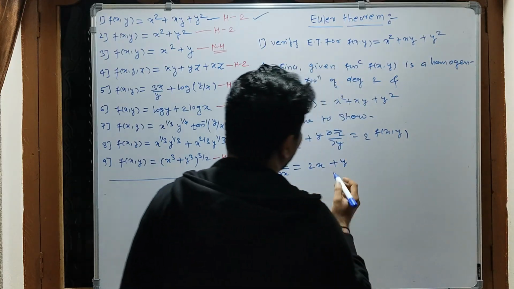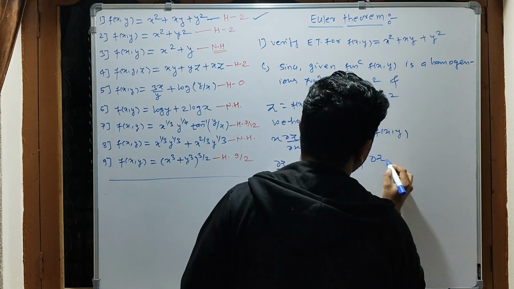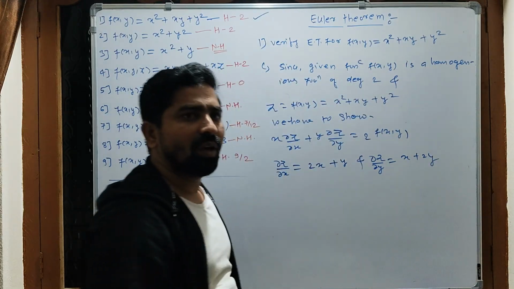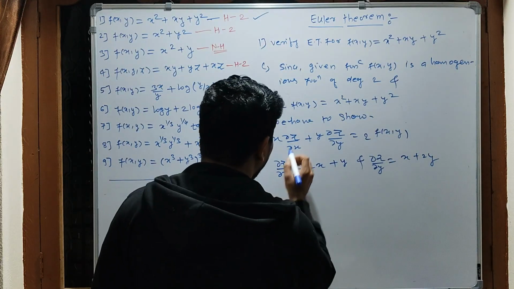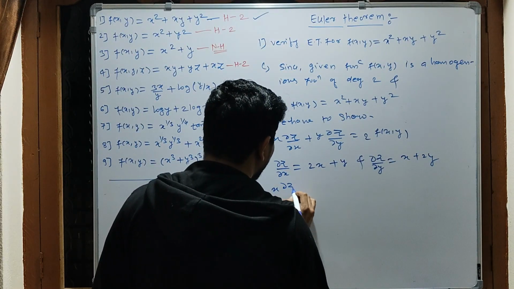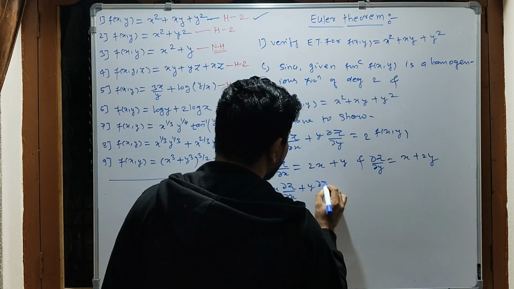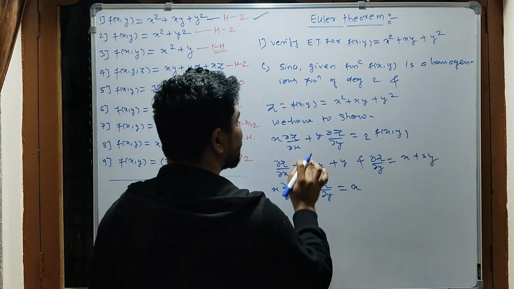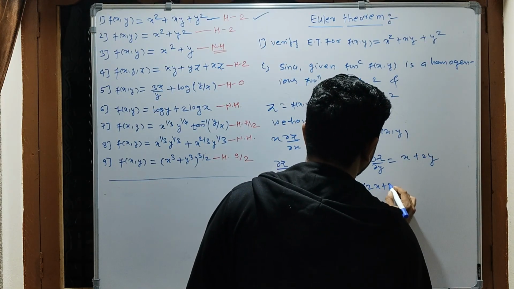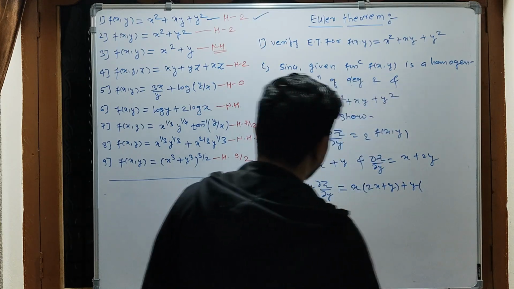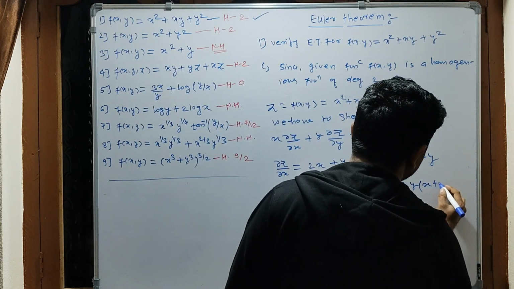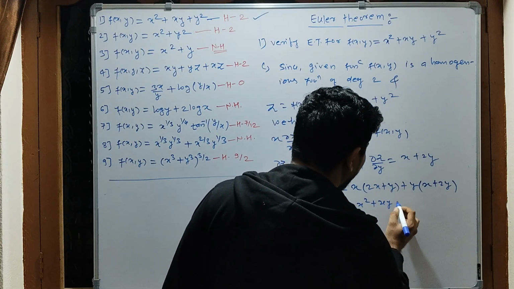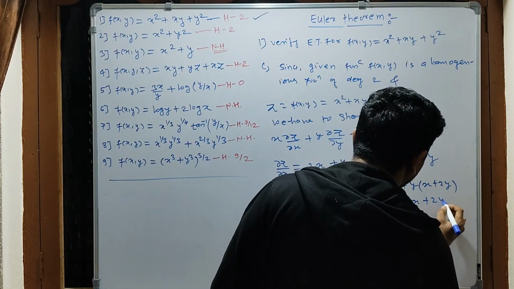And the partial derivative of z with respect to y is x plus 2y. Now according to this definition, x times dou z by dou x plus y times dou z by dou y equal to x times 2x plus y plus y times x plus 2y, which is equal to 2x square plus xy plus xy plus 2y square.